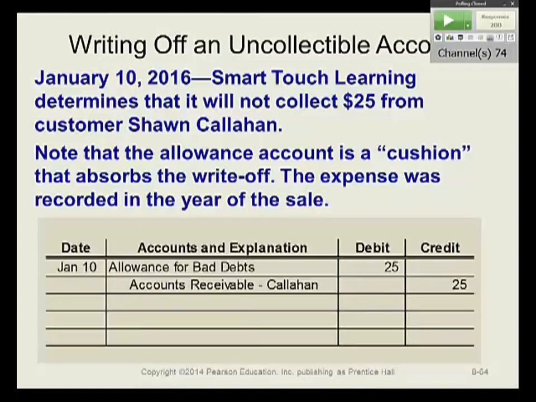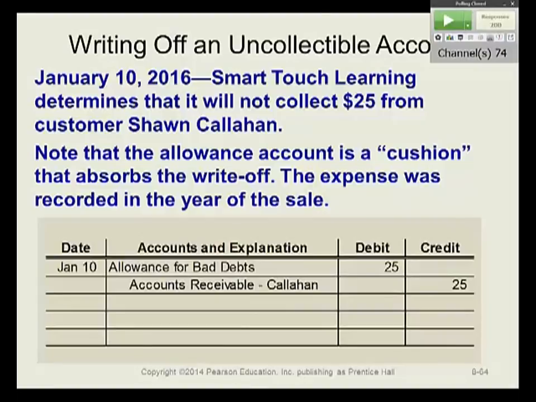Now notice that the write-off does not change your expenses. You've already taken the expense in the year of the sale or the month of the sale. No additional expense is charged. The other important thing is there's no cash flow effect, no cash, and if you look at the balance now of this account, the net realizable value of accounts receivable did not change.